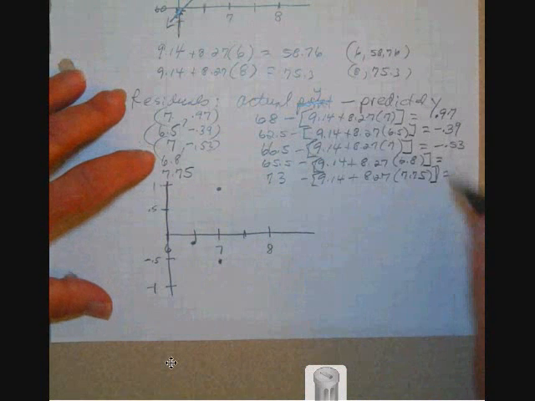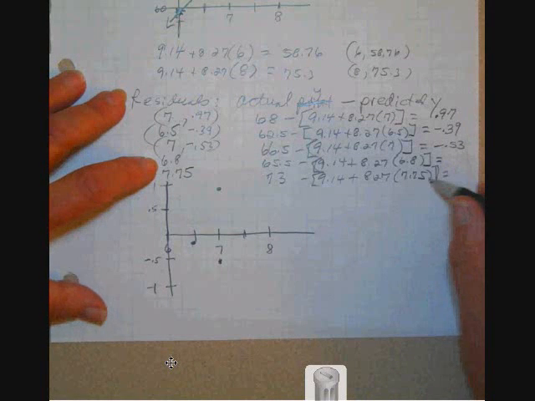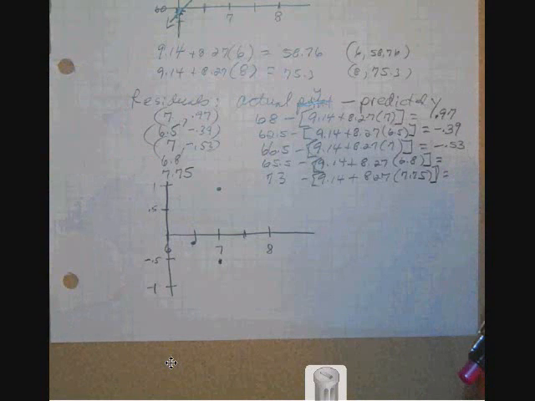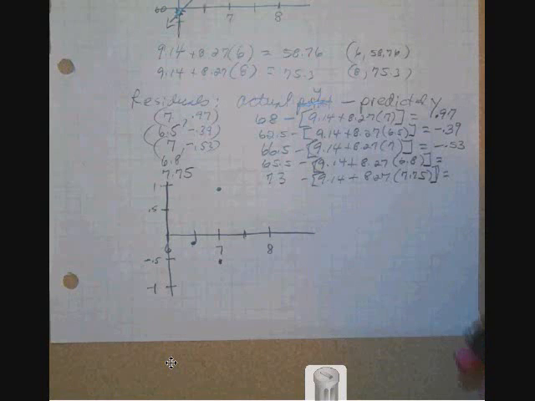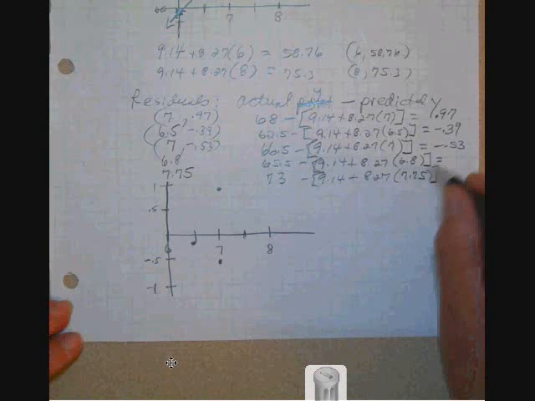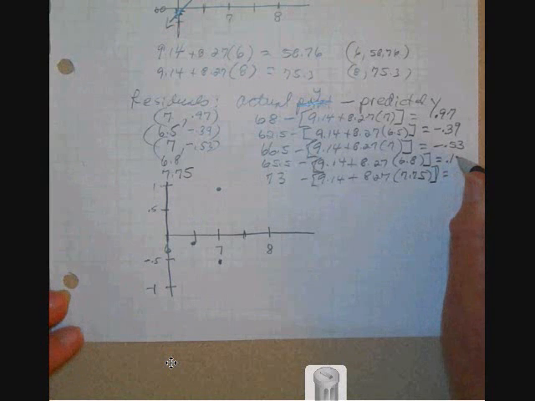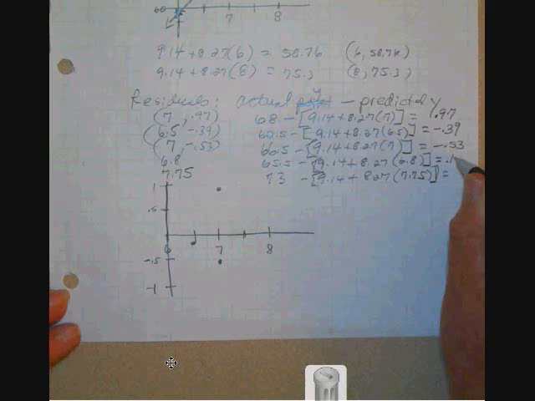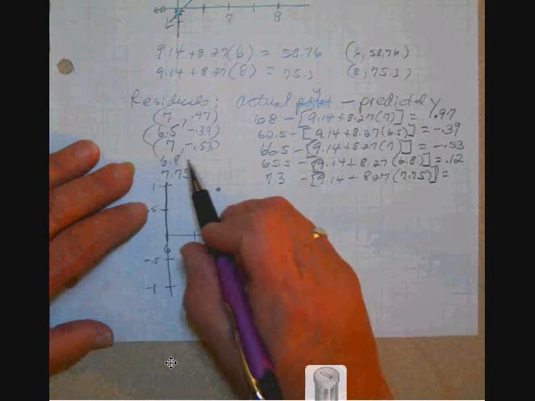Anybody get the 6.8 one? What did you get? 0.125. I got 0.136. 0.12. Okay, so it's probably a rounding error. So 0.12, 0.13, we're fine.